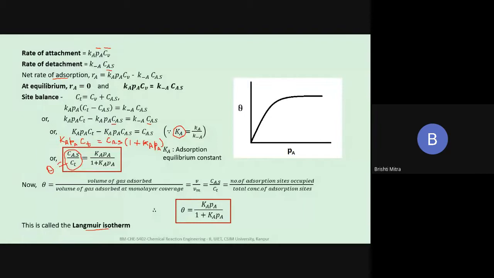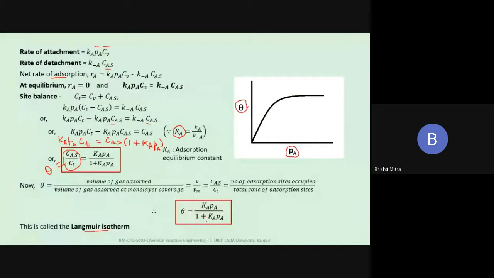And if I want to mathematically plot this Langmuir isotherm, where we have the surface coverage plotted versus the partial pressure of A, then at low values of partial pressure, the values are very small. So if we ignore the KaPa term in the denominator, theta is directly proportional to the partial pressure, which can be seen as a straight line. Now, as we go to higher values of partial pressure, this KaPa term becomes much larger than the one term.